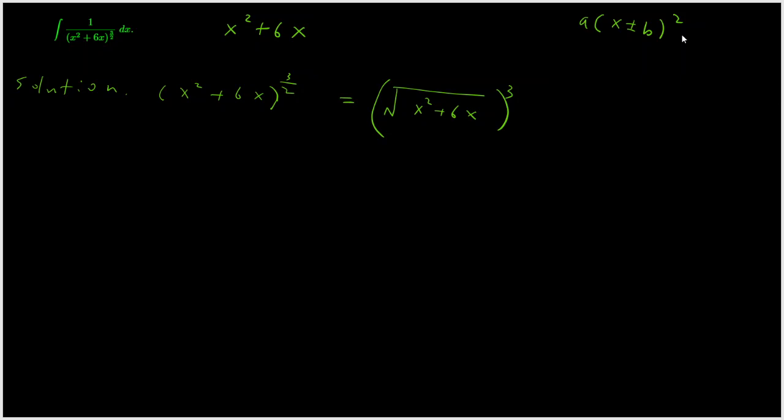Inside the brackets, you have a perfect square, and then plus or minus c. Actually, any quadratic function can be rewritten in that form. That form is called complete square. Actually, the whole procedure is called completing the square.